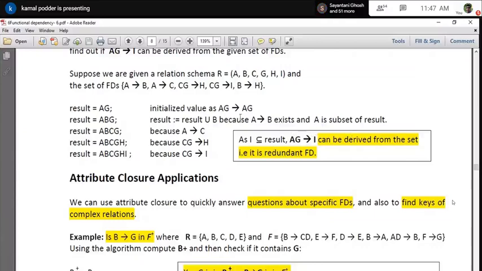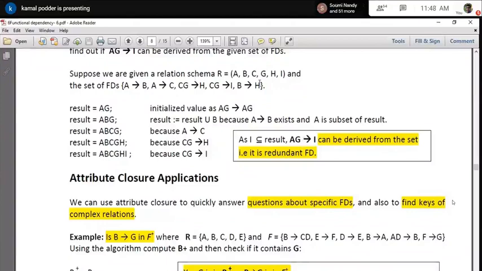I is very much there in the closure. So I can say that this can be derived from this set of FD. So what does it mean? Another way I can say, as I can derive it from the set, why then would I again consider this FD? So it is a redundant one.